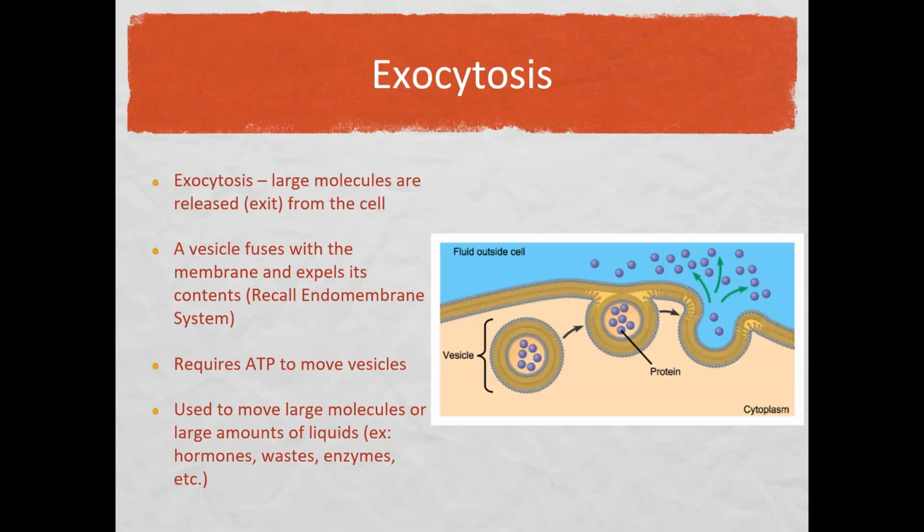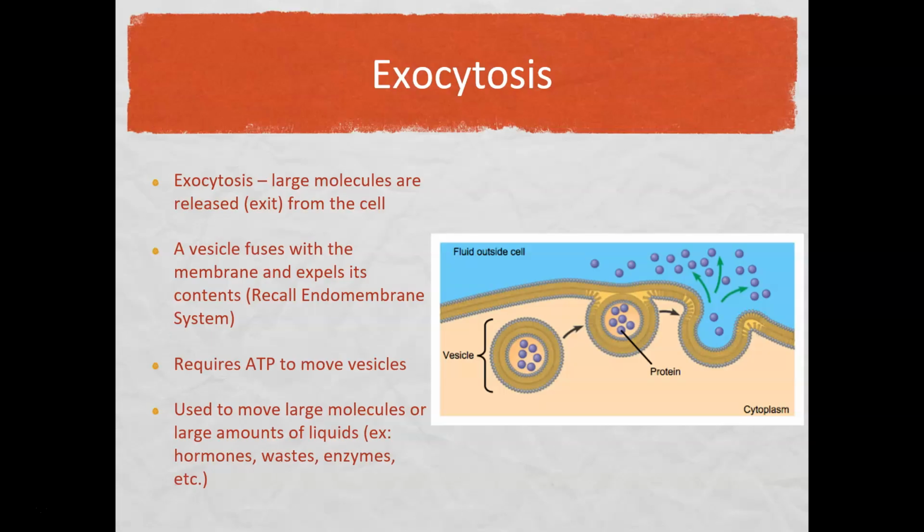So let's break this down. If I look at this, exo is like exit, and I'm exiting the cell. Cyto is cell. So I'm going to release these large molecules from the cells. Go back to that idea of the endomembrane system, right? We talked about your nucleus having the set of instructions, your rough ER with the ribosomes attached building the proteins. We load them into a vesicle.